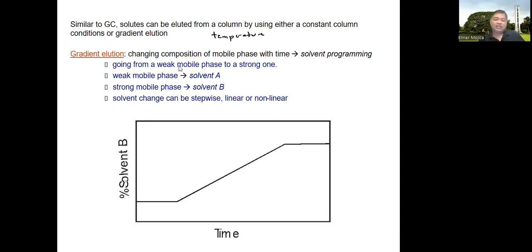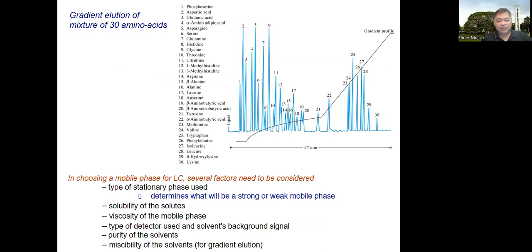So usually the technique is going from a weak mobile phase to a strong one. They assign the weak mobile phase to solvent A and the strong mobile phase to solvent B. What they do is the solvent B composition increases after a certain time and then maintains a constant composition. But all throughout the run, the solvent composition changes. That's why it's called gradient. So try to imagine if you have a gradient elution like this one.